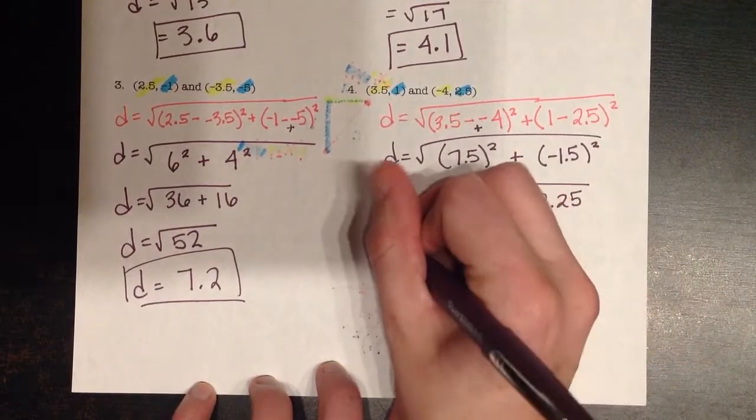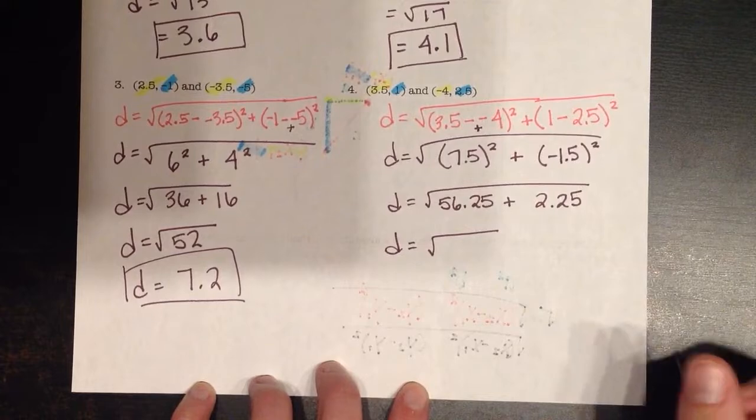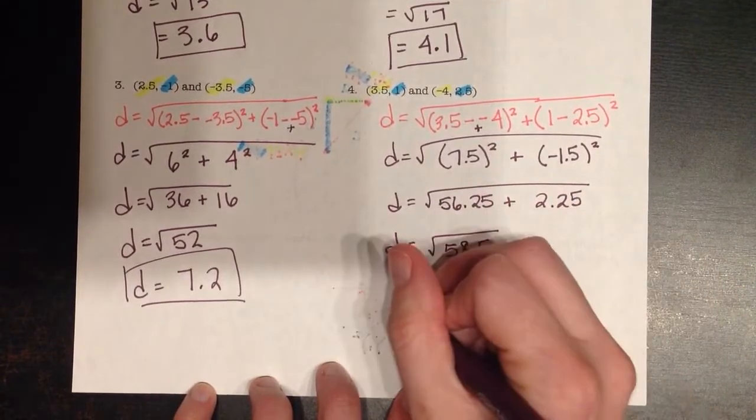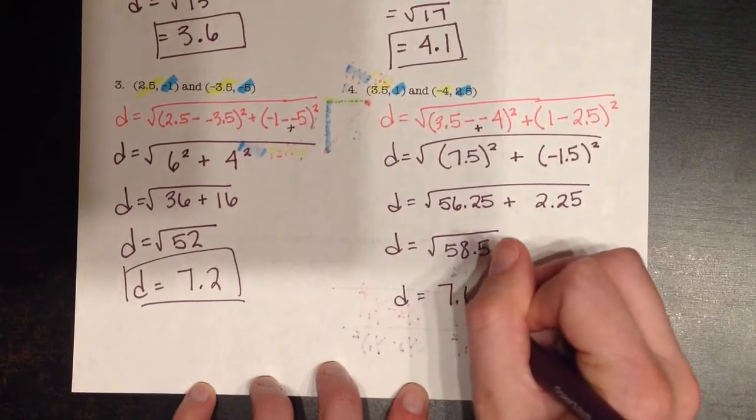When we add this up, we get 58.5. Take the square root, we get about 7.6.